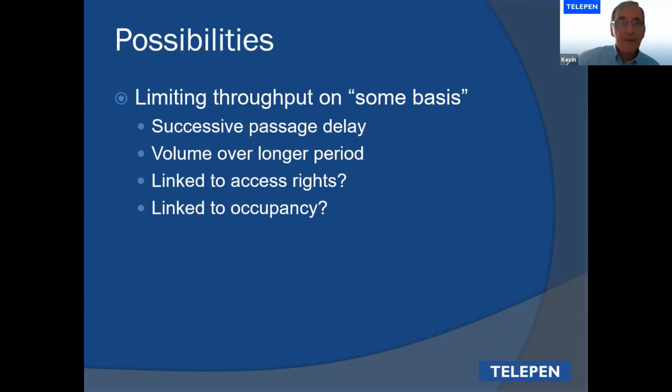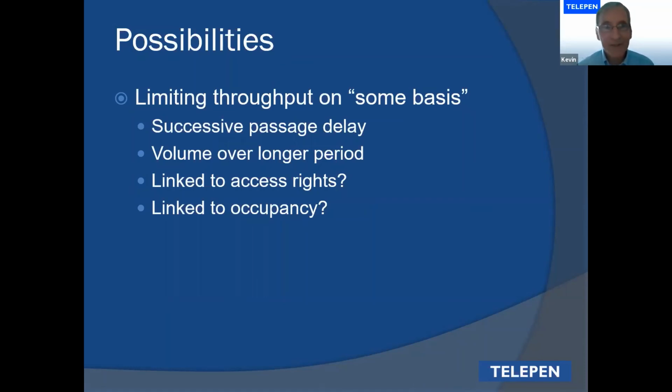So first of all, we could perhaps limit throughput through the barriers on some basis. We've looked already today at what exists in Sentry in terms of reaching a maximum occupancy, bringing shutters down, that type of thing. But this really is to do with just slowing down the actual throughput of the system.